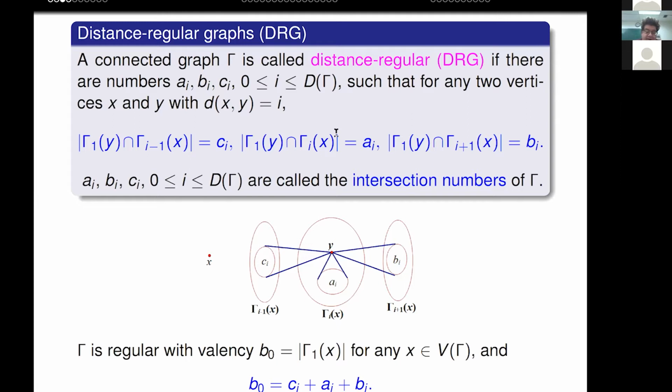So gamma is regular with valency b_0, and that is just the cardinality of gamma_1 of x, the set of neighbors of a vertex. And clearly b_0 is equal to c_i plus a_i plus b_i for all i.